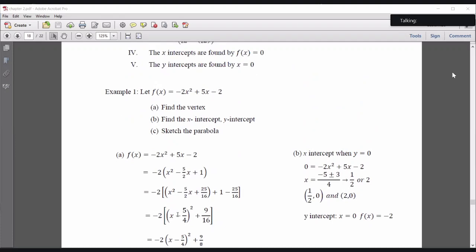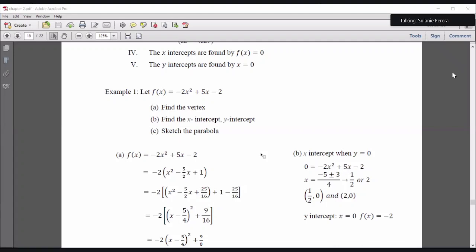Right. Now how do we find the vertex? 16C.